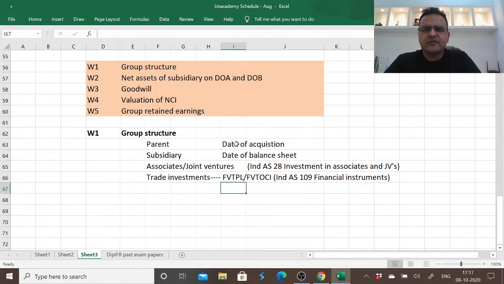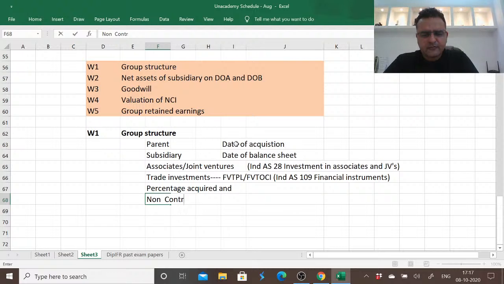If it is a mid-year acquisition, we should mention the number of months and the percentage of acquisition, the percentage acquired in each, and non-controlling interest.